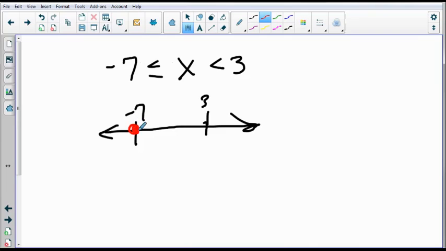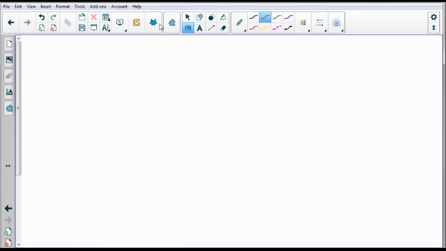There is, so that's going to be filled in. Is there an equal sign dealing with the 3? There is not, so that's going to be a circle. All the x's are bigger than -7, so they go this way. The x's are smaller than 3, so they go this way. So these go toward each other. So I know that that is an and. Okay, so there's that one.